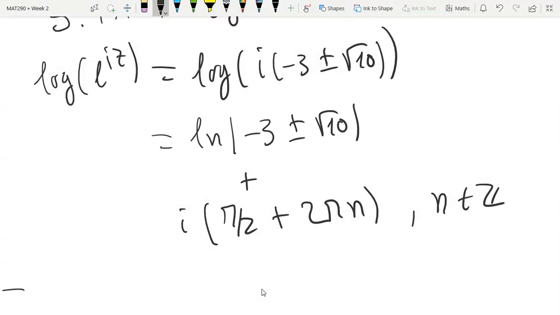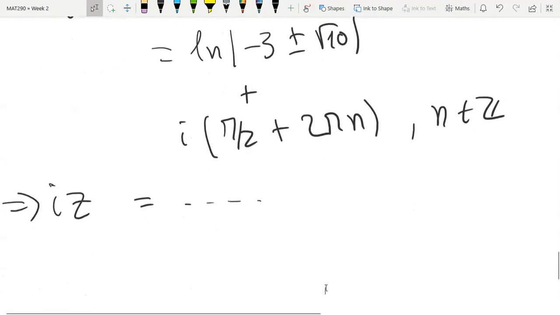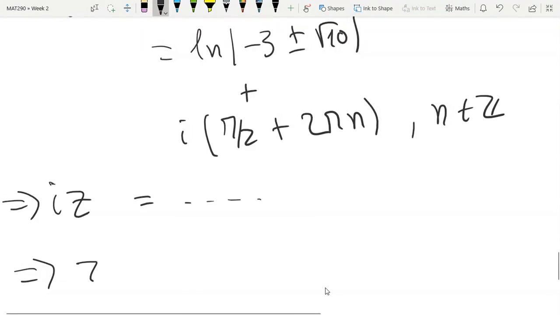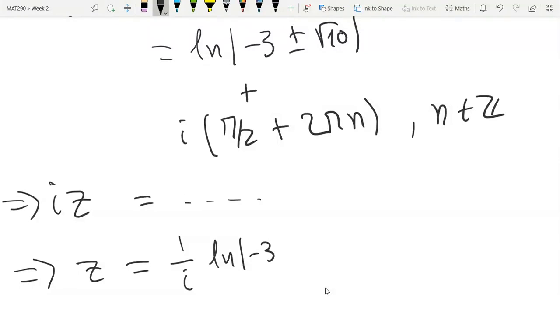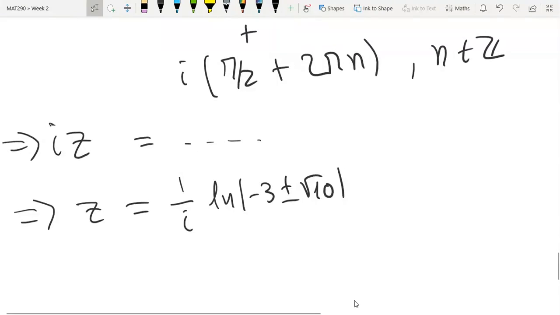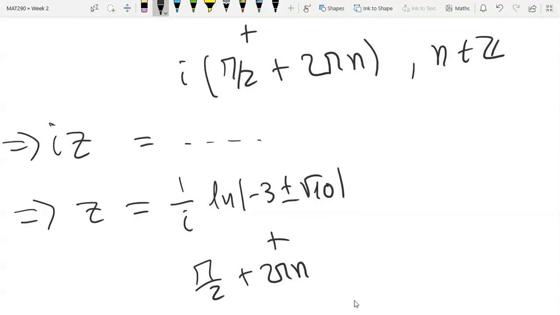Okay, so we're almost there. So then iz is equal to the same number. Let me not rewrite it. And then divide by i to get 1 over i ln of the modulus, plus the real part, pi over 2 plus 2 pi n, n in the integers, for z.